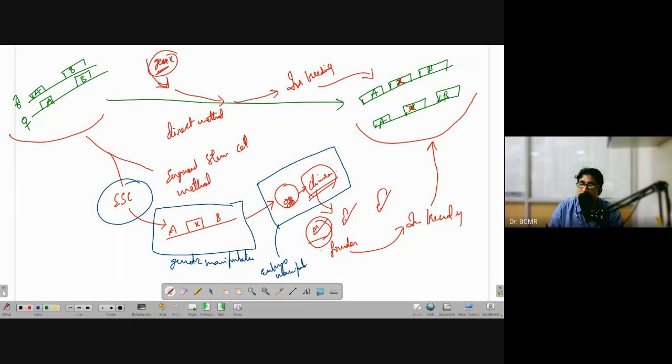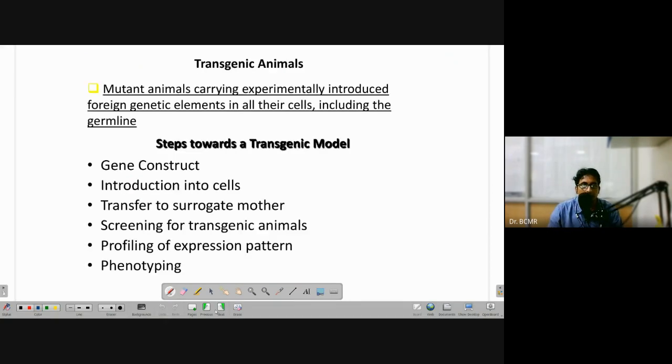Then we get the founder, and then we inbreed to produce these animals. The important thing to remember is these two parts, genetic manipulation and embryo manipulation. The rest of the things are actually a little easier.